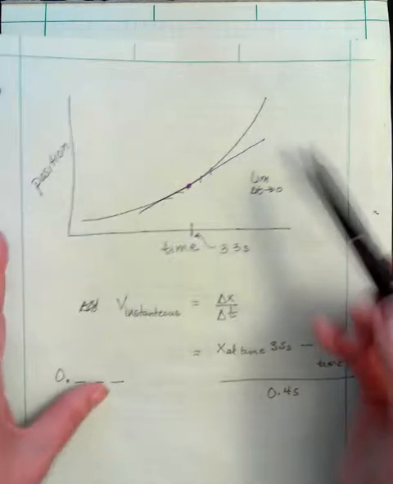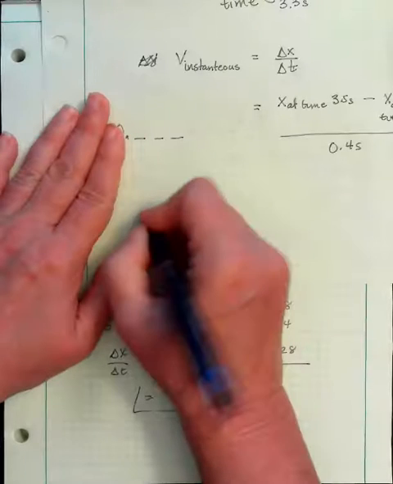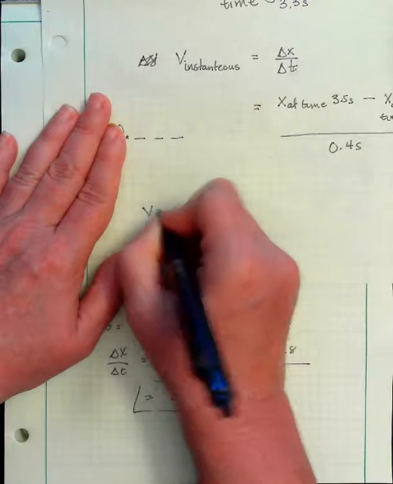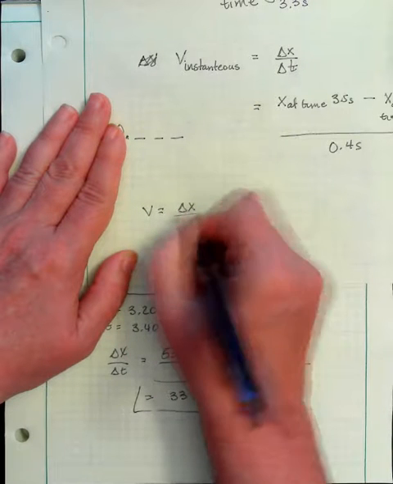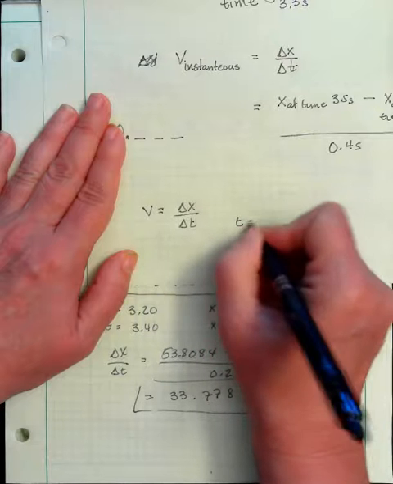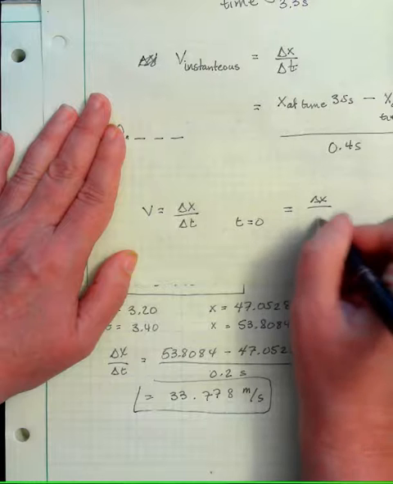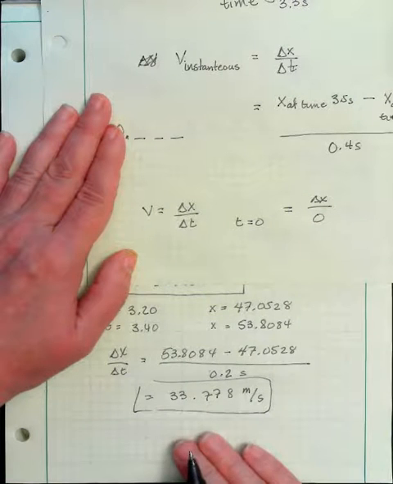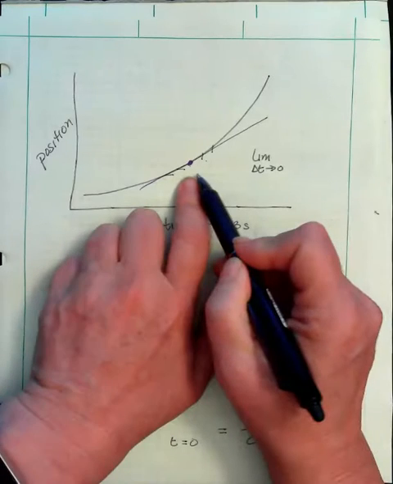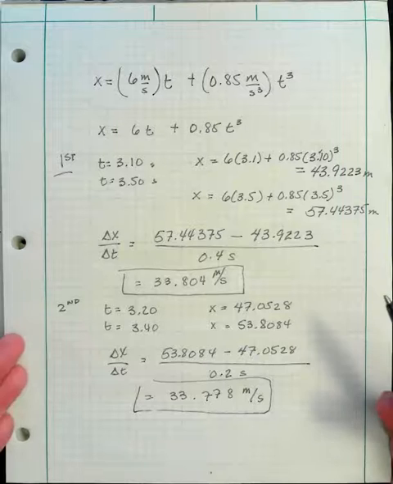Velocity is a change in position over a change in time, and if the change in time is equal to 0, this is undefined. We can't divide by 0. So what we're trying to do is make physical sense out of what is happening with that curve. That's the point of this problem.